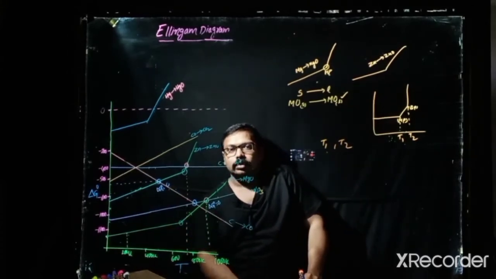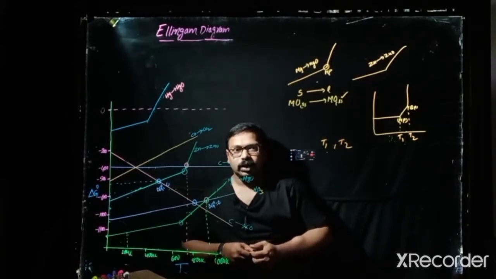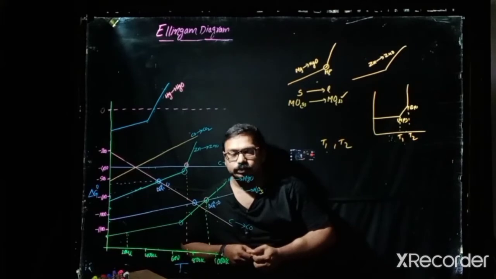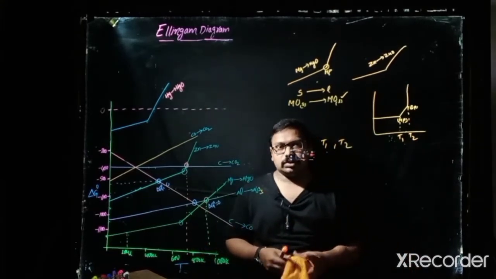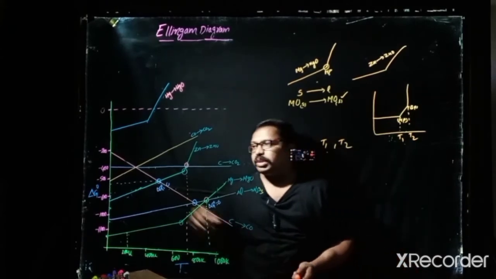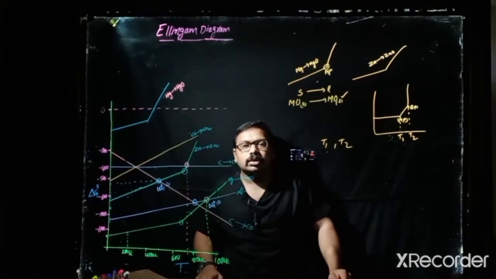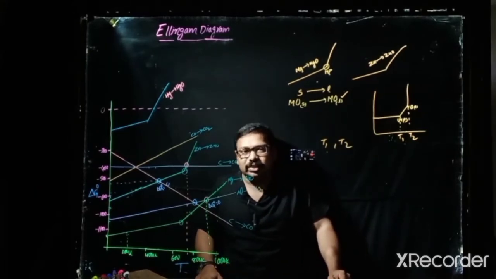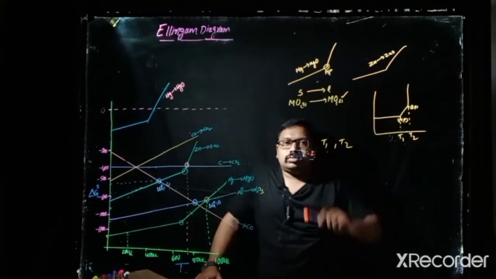And a very important thing: if you observe these curves, there are three important graphical representations. We have to discuss these three important graphical representations now, so note down these points.